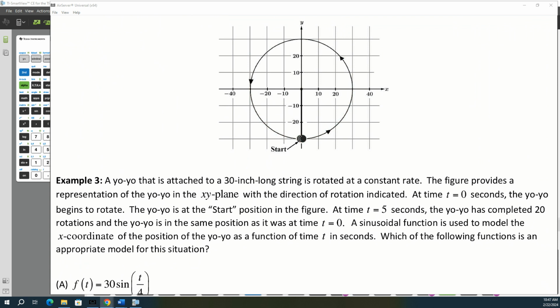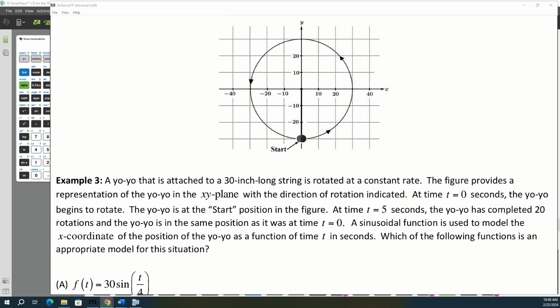All right, so the figure provides representation of the yo-yo in the xy plane with the direction of rotation indicated. At time t equals 0 seconds, the yo-yo begins to rotate. The yo-yo is at the start position in the figure. At time t equals 5, the yo-yo has completed 20 rotations and the yo-yo is in the same position as it was at time t equals 0.